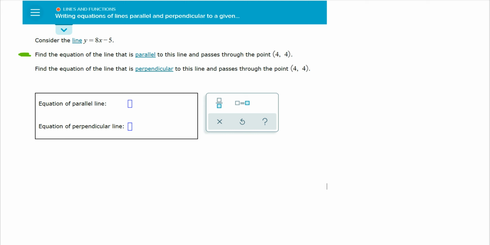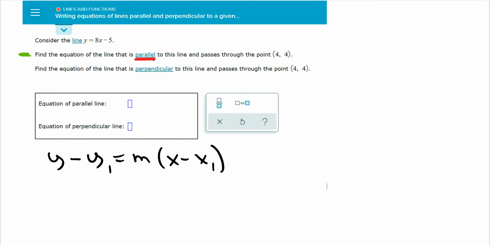Now I am going to use the y minus y sub 1 equals m times x minus x sub 1 form of a line. That is called the point slope form. And I am going to plug in the slope, since they told me that parallel lines have the same slope.